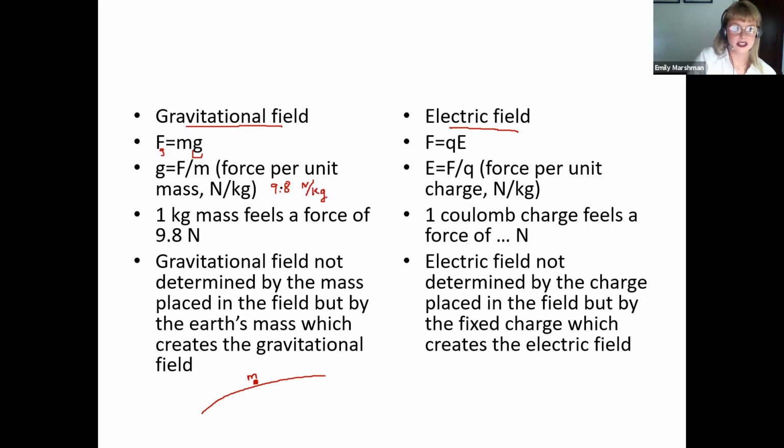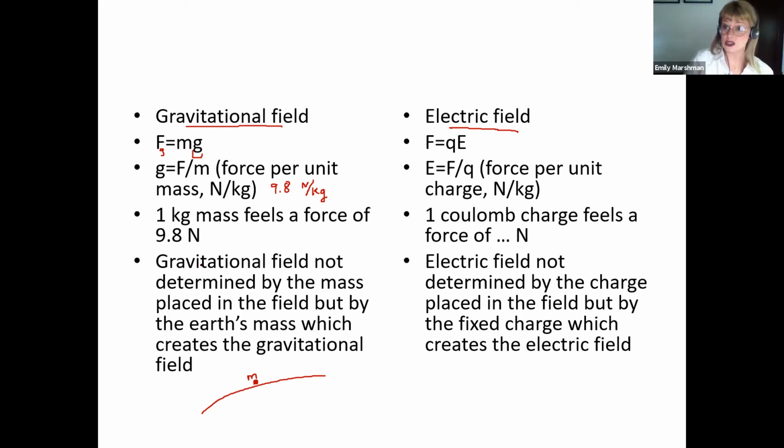We learned it is 9.8 meters per second squared, but I can also write that unit as a Newton per kilogram. So for every kilogram, it's going to feel 9.8 newtons of force. That's another way to think about g, the acceleration due to gravity.